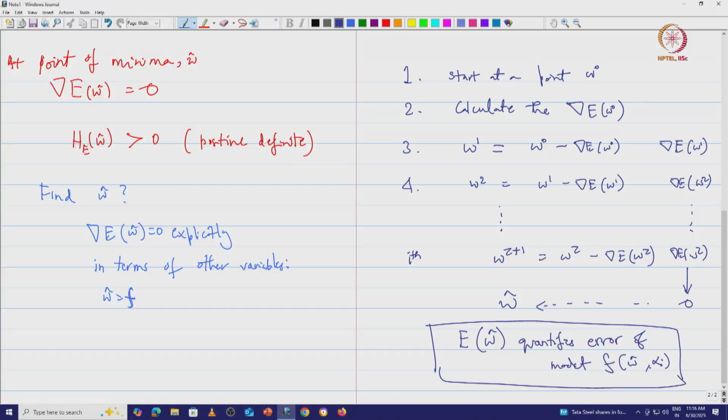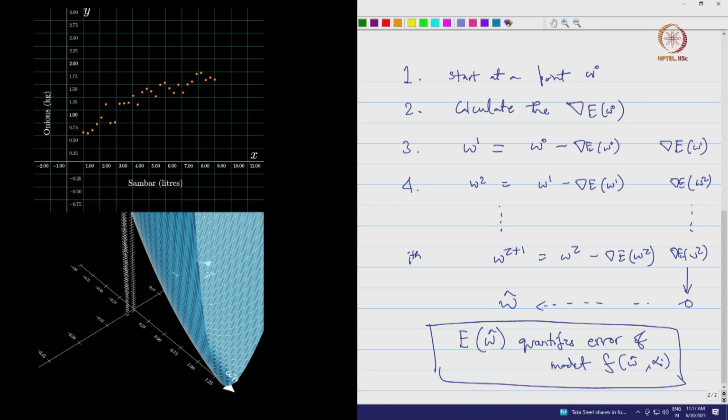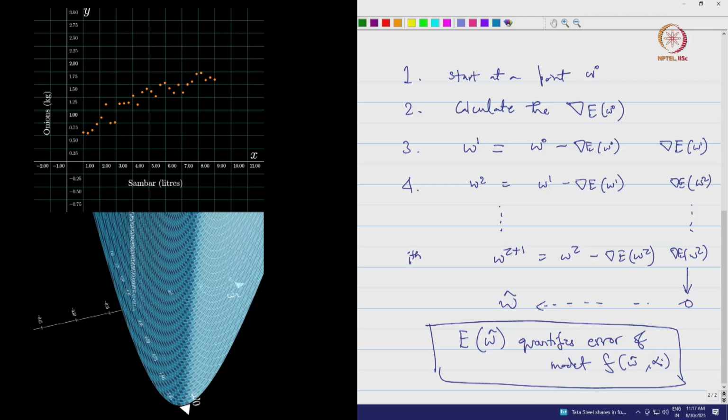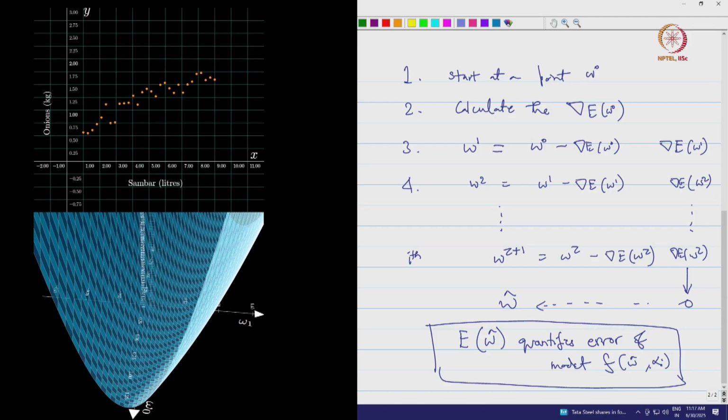So, this procedure now helps us to arrive at the minima, right? Or does it really help us to arrive at the minima? There is an issue here that we have not focused upon right now, and that is nabla E of omega tau, which might be very large in value.